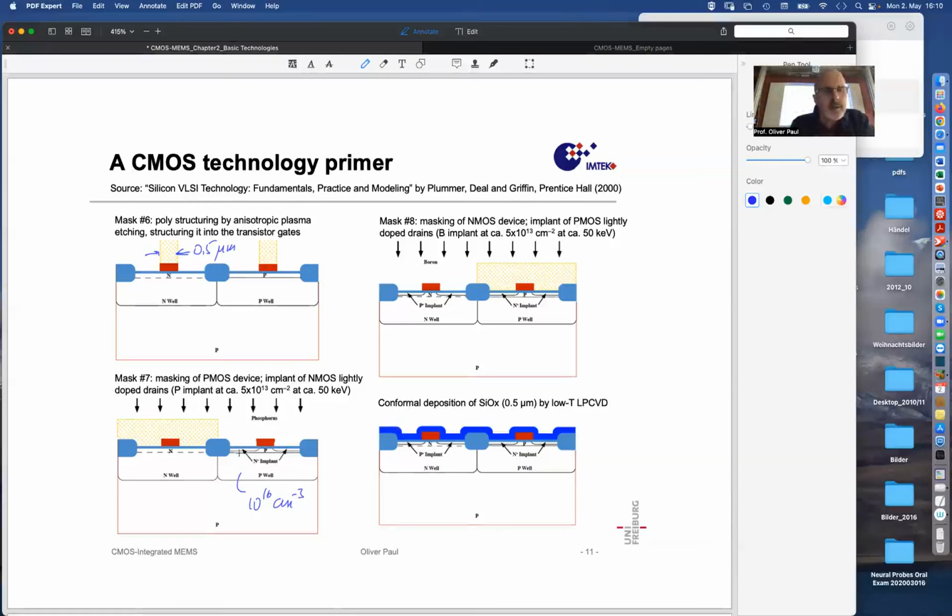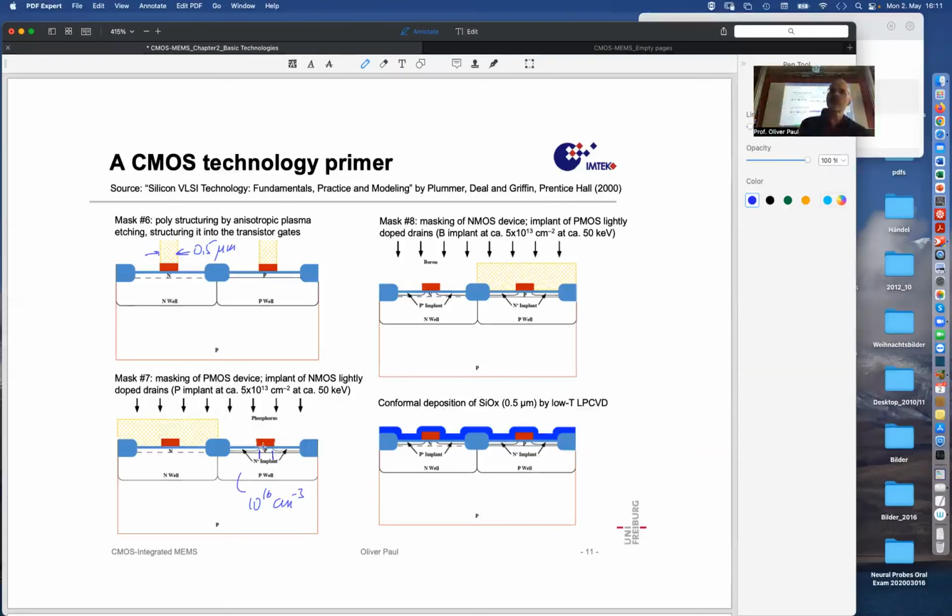So lightly doped drains, and you see that during that diffusion process, well, or even during the implantation, there is a little bit of lateral implantation, the lateral straggle, this is called in the terminology of the CMOS technologists, where a little bit goes underneath the gate, and then we have here an effective gate length that is not exactly the gate length of the gate as we structured it.